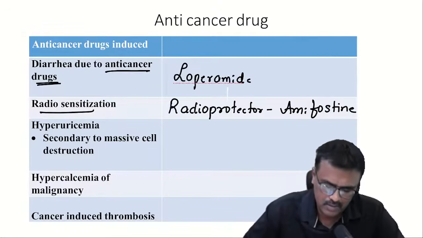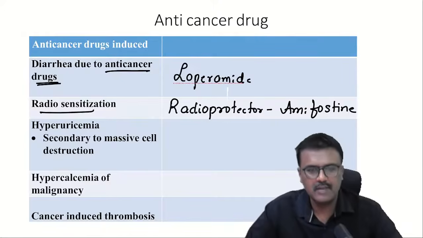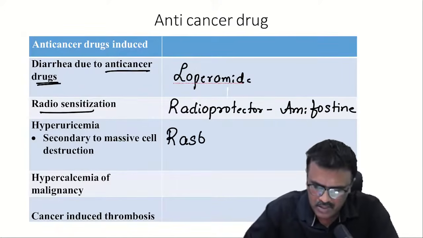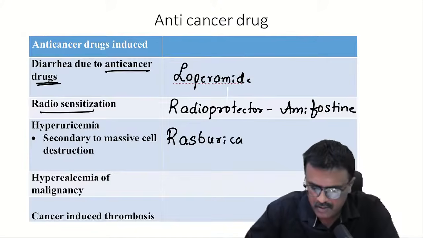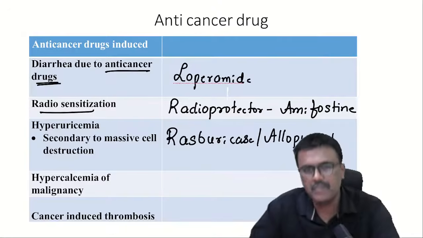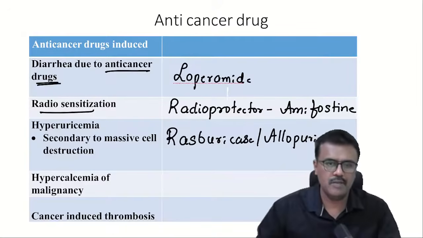Suppose there is tumor lysis and there is hyperuricemia, the fastest acting drug will be rasburicase. If that is not available, you can give allopurinol.